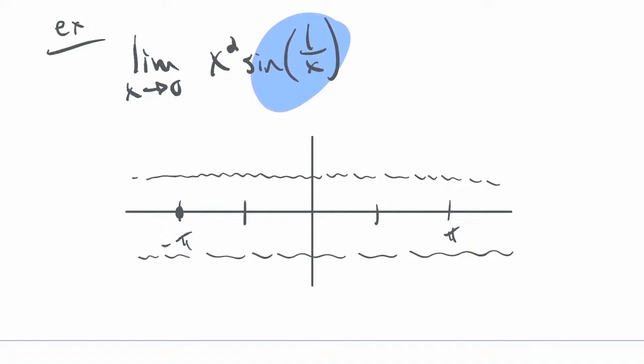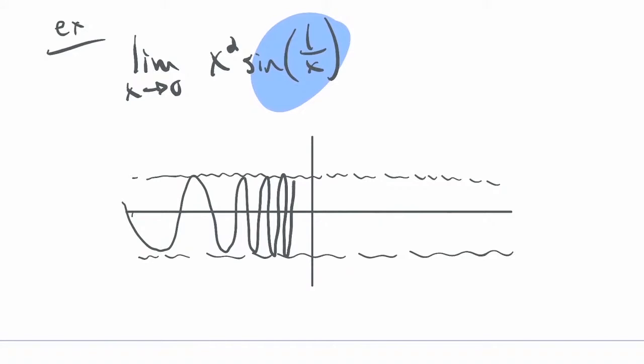Sine of negative pi over 2 is negative 1. Oh, I'm sorry, I'm doing this wrong. I actually don't really need those labeled at all. Let's get rid of those labels. I forgot for a second, of course, that this is sine of the reciprocal of the input. I'll just do it a little more generally without trying to be specific. So basically it looks something like this. Because you're doing sine of the reciprocal, as you get closer and closer to 0, it oscillates faster and faster. And on the other side, same thing.